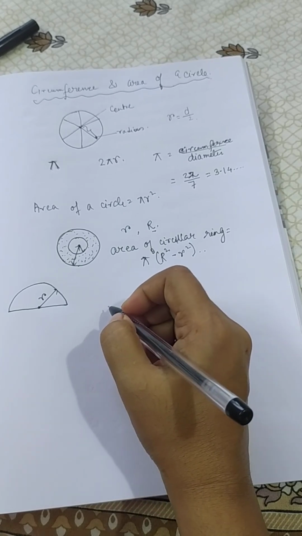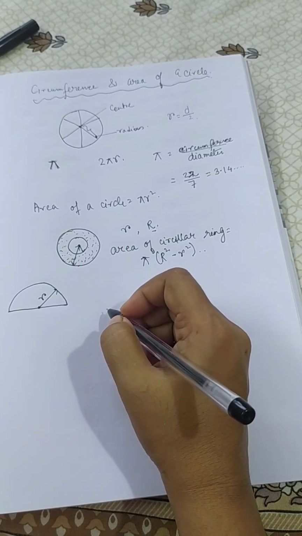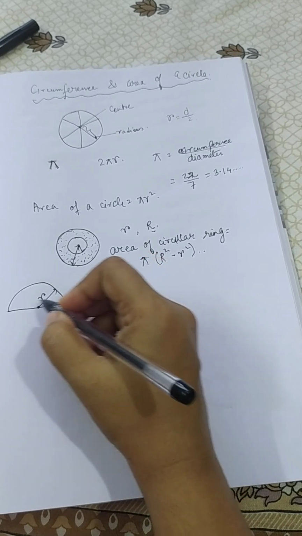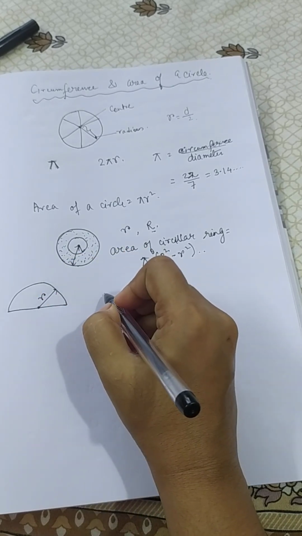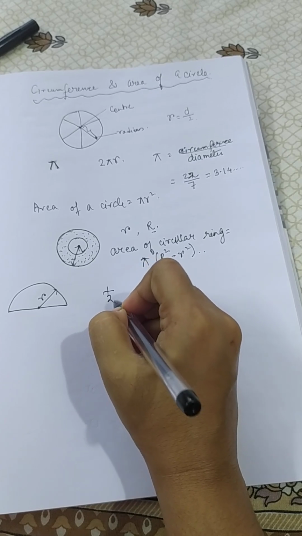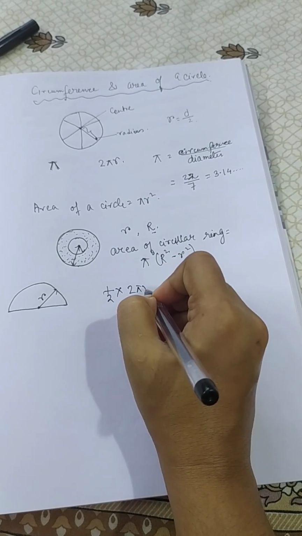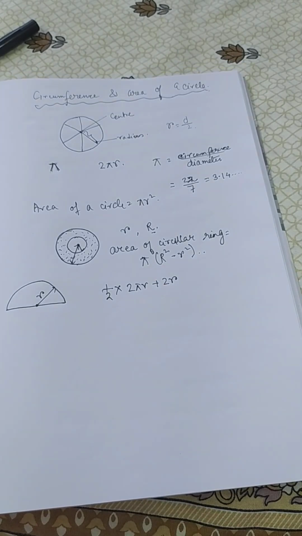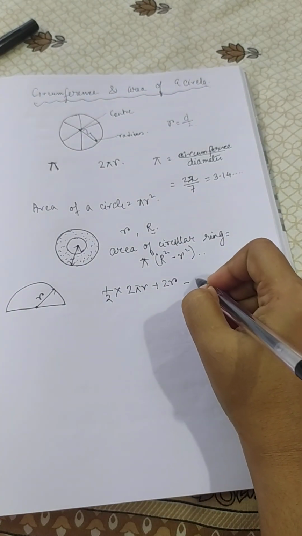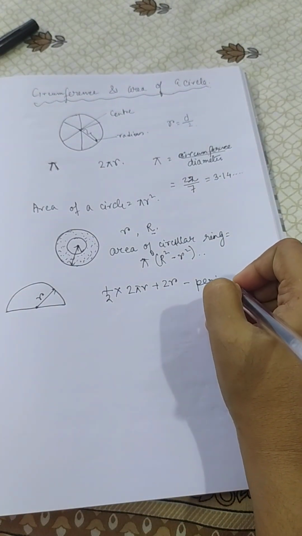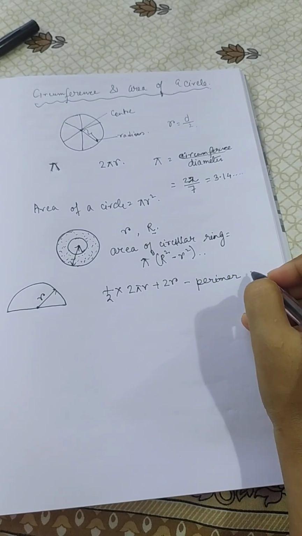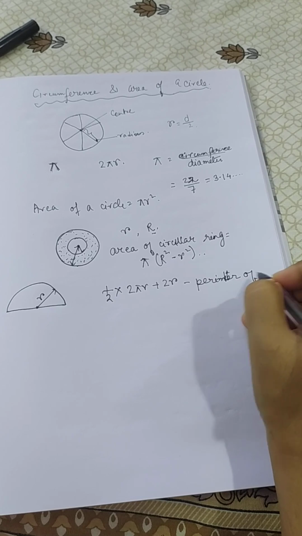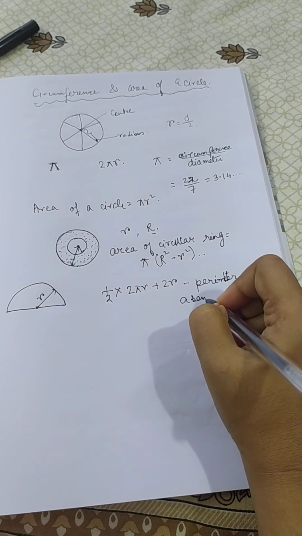So perimeter will be half into 2 pi r plus 2r. That is the perimeter of a semicircle.